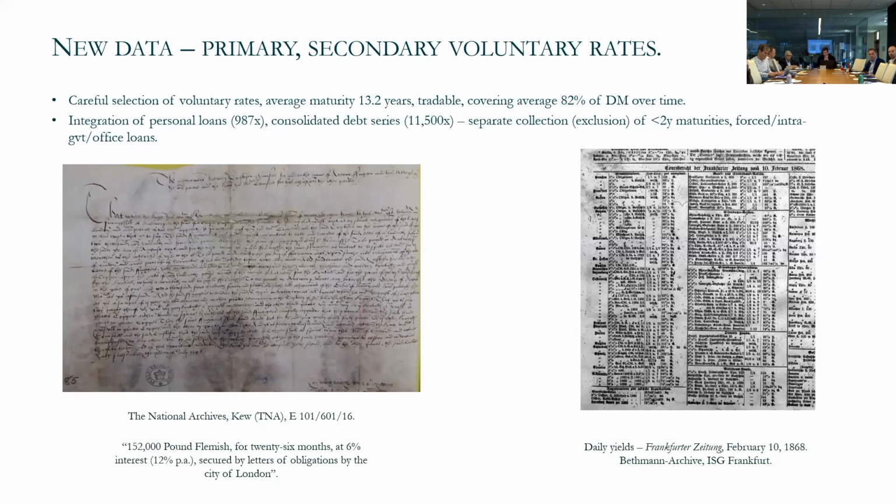So these are files that we still find in archives. More and more, this stuff is digitized, fortunately, but a large chunk is not. And so you still have to get your hands dirty and go to the archives.